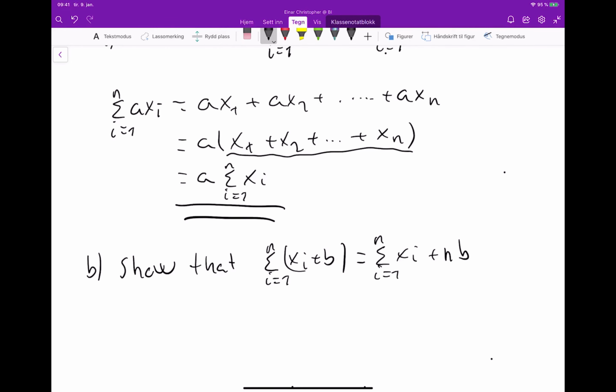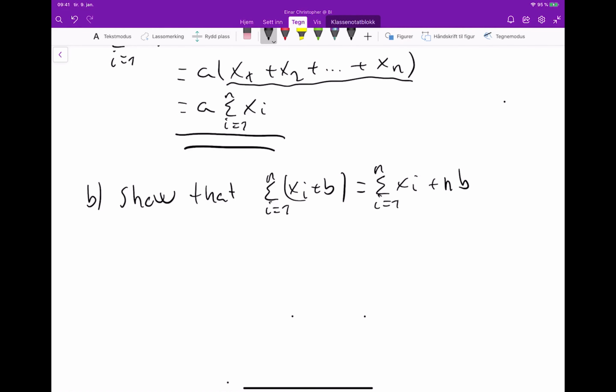Okay, again we have to start with what we get in the text, and that is the sum from i equal 1 to n of xi plus b.